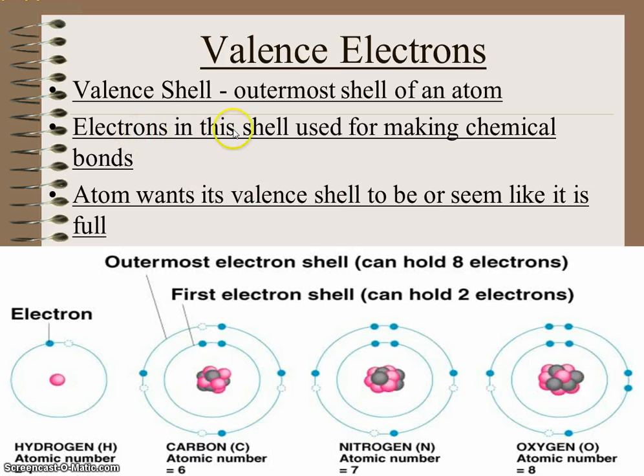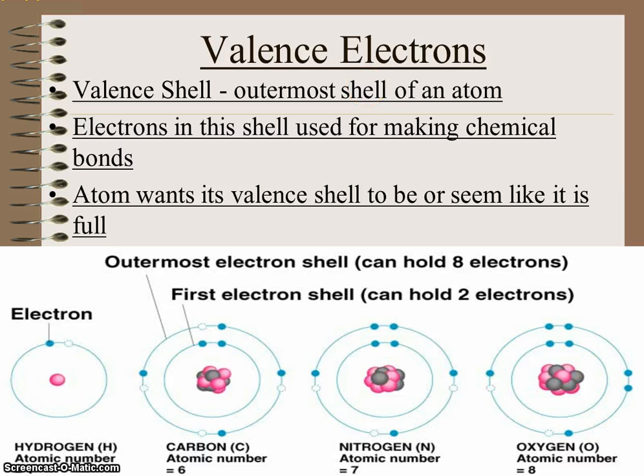Electrons in this valence shell are used for making chemical bonds. It's how atoms and elements bond with each other to make, you're right, molecules. And an atom wants its valence shell to be full. The atom wants to be full, so it wants that outermost shell to be full.